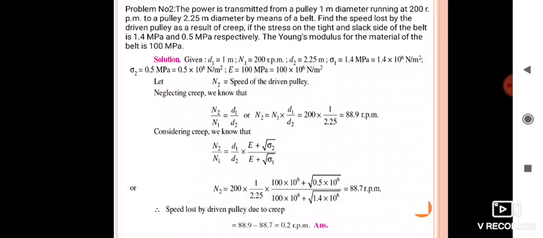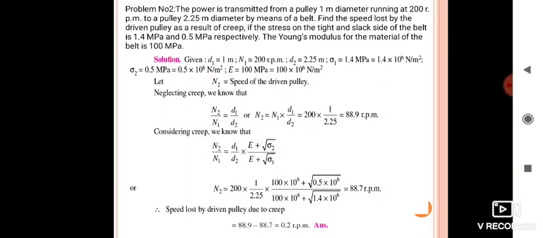Find the speed lost by the driven pulley as a result of creep if the stress on the tight and slack side of the belt is 1.4 and 0.5 MPa respectively. The Young's modulus for the material of the belt is 100 megapascal. So this is the given problem. You have to read the problem carefully and write the given data. First read the problem two or three times, so that you understand the problem clearly.